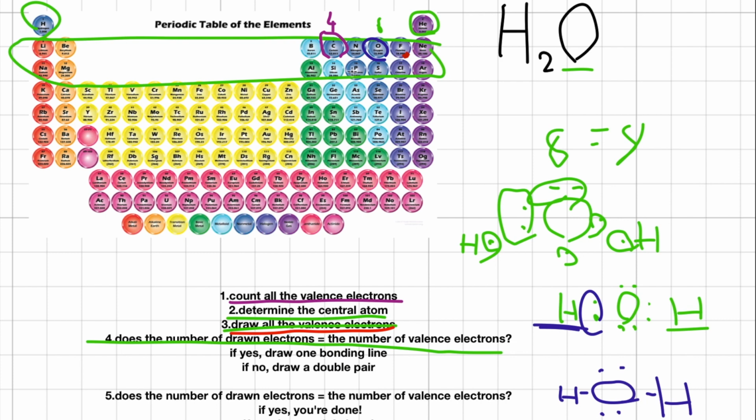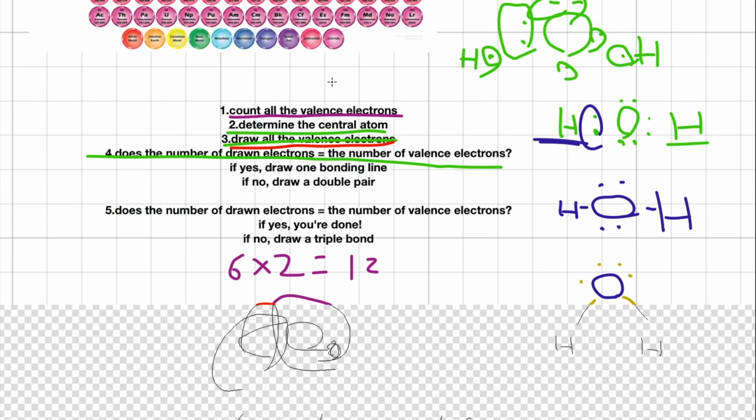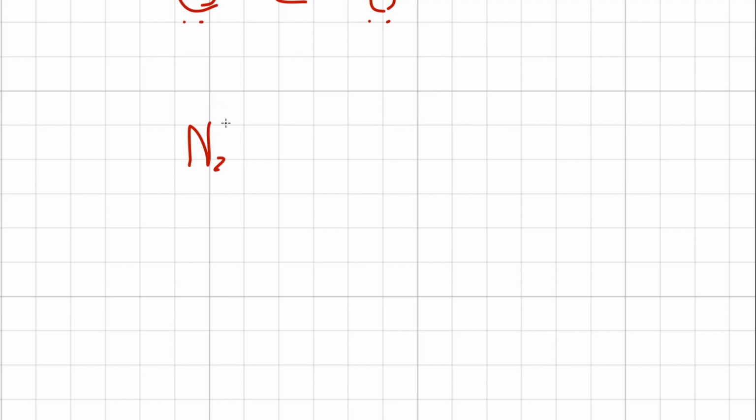Up there you are. So you have 5 valence electrons. So N2 has 5 electrons times 2 atoms, which is equal to 10. So we have 10 valence electrons.